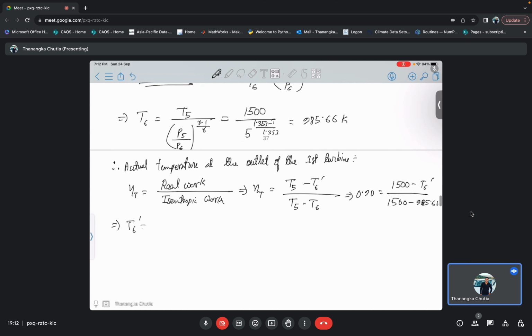So from here T6 prime will be equal to 1500 minus 0.90 into (1500 minus 985.66), so this is 1037.09 Kelvin.